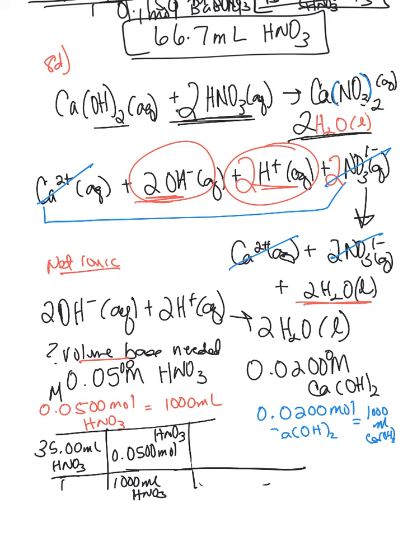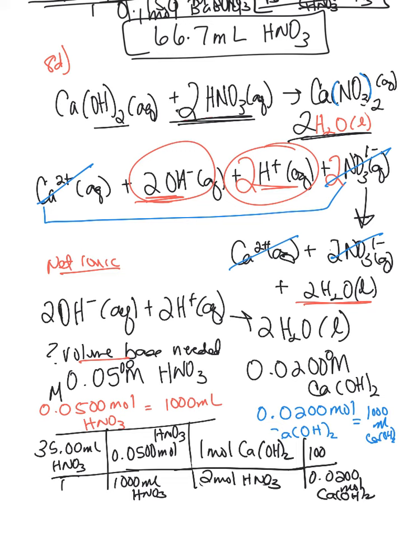So for 2 moles of HNO3, we have 1 mole of calcium hydroxide, and for 0.0200 mole of calcium hydroxide, we have 1,000 milliliters of calcium hydroxide.